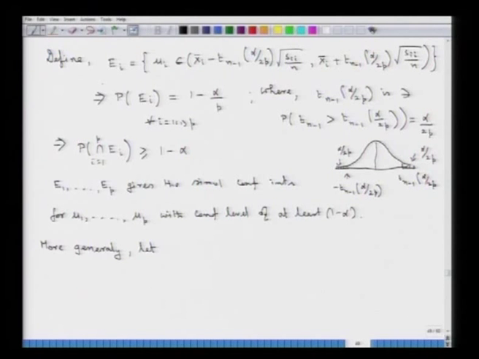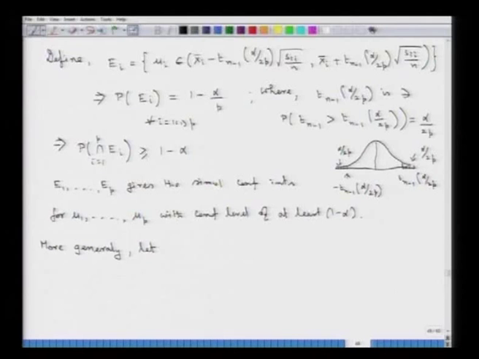Now we can actually play around with this probability, because not all mu_i's may be equally important to us. Some of the mu_i's may be more important to us, some may be less important, and hence we can take care of that even using this particular approach. So more generally, let E_i be the set that mu_i belongs to, an interval similar to what we have considered, but we will not be having alpha by 2p for all the mu_i's.